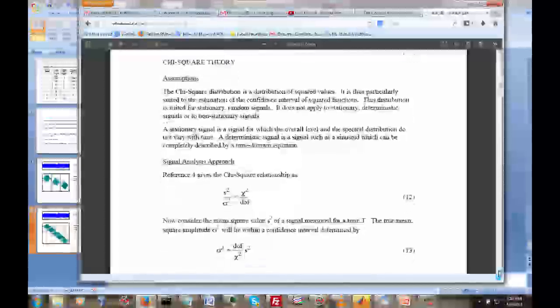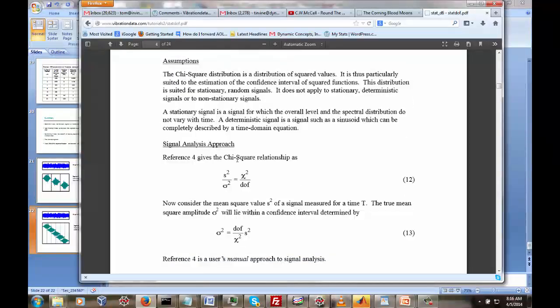Okay, and then there are different ways we look at the formulas with the chi-square distributions. We have a sample standard deviation value S, and then there's the true population mean square amplitude, which is going to be sigma squared there. Think of sigma squared as being like the variance, and that's equated to the chi-squared distribution value divided by the degrees of freedom.